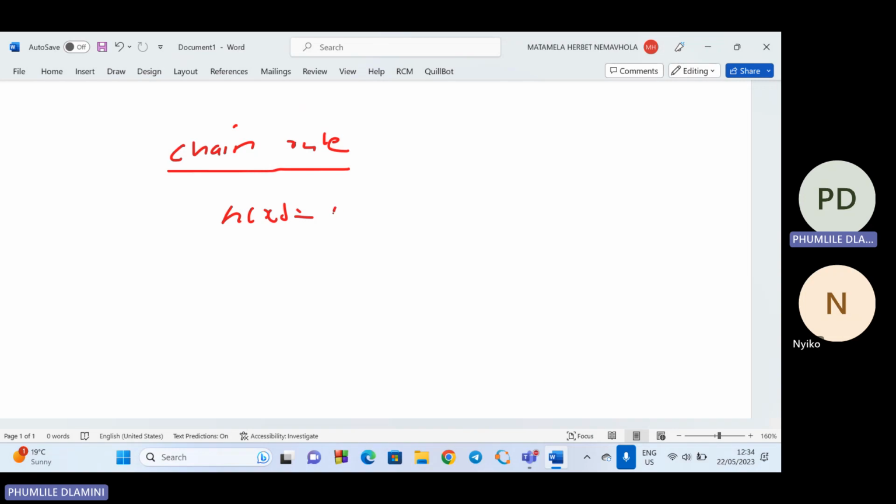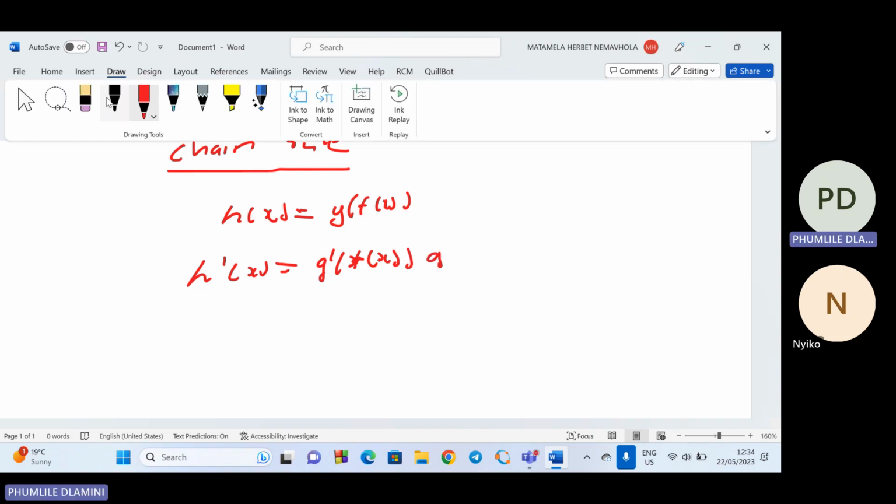We have maybe g of f of x. In other words, when I get my h prime of x, it is going to be g prime of f of x, then f prime of x.